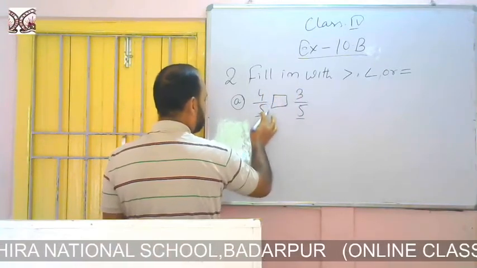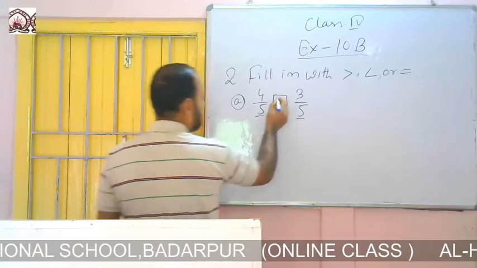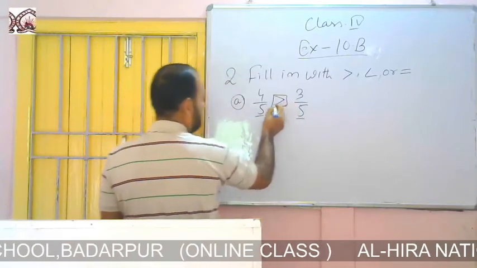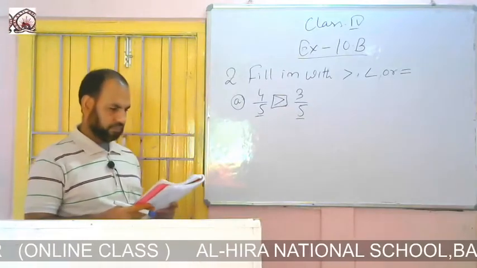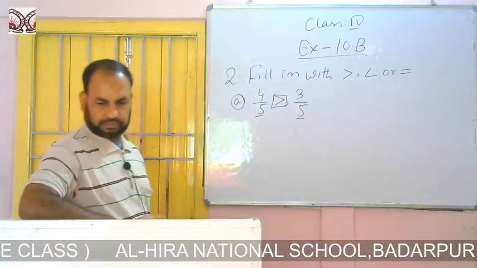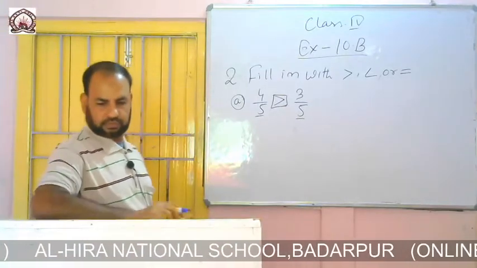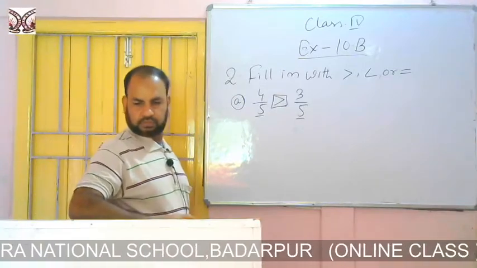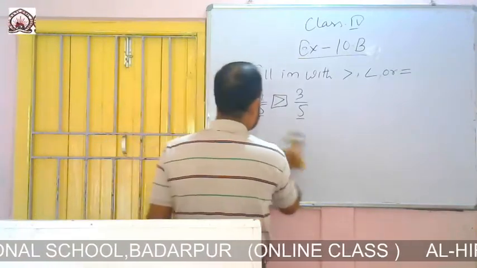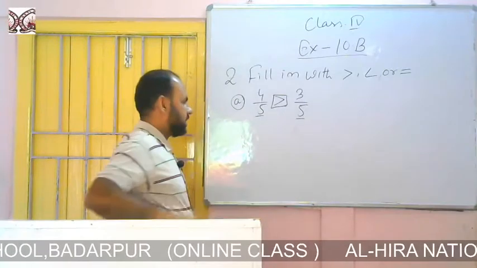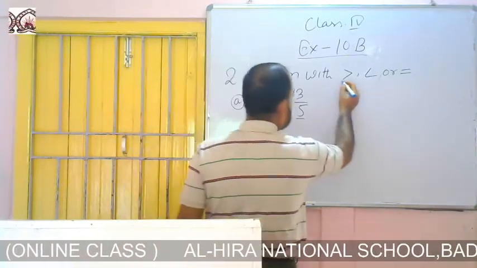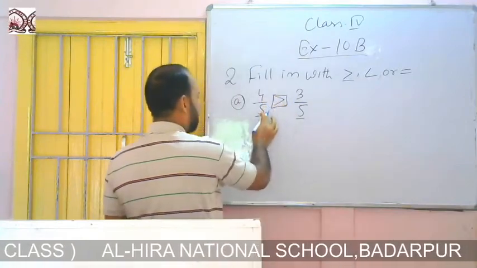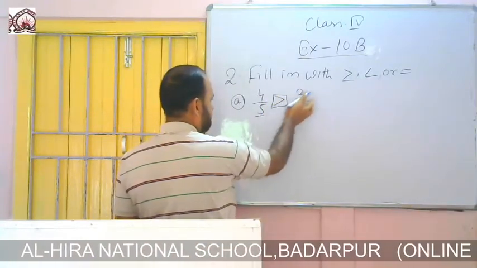So 4 by 5 is greater. We write 4 by 5 is more than 3 by 5.